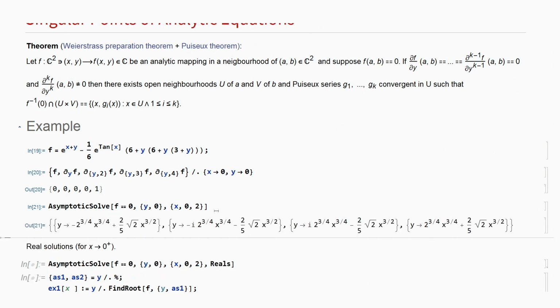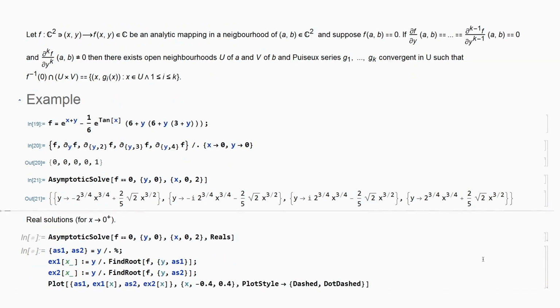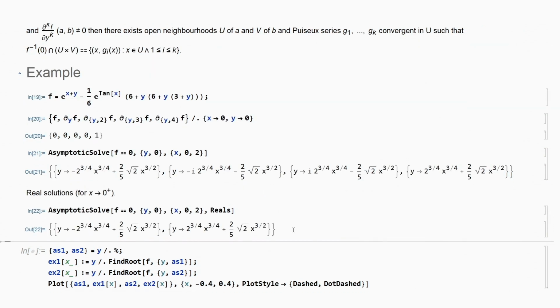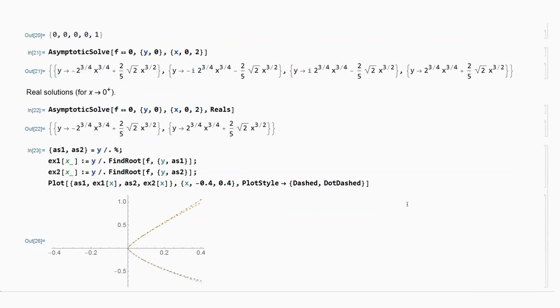Here they are. And indeed, they have fractional powers. We can also ask for real solutions for positive values of x. We have just 2 real solutions, and we can check again that they approximate the exact solutions pretty well.